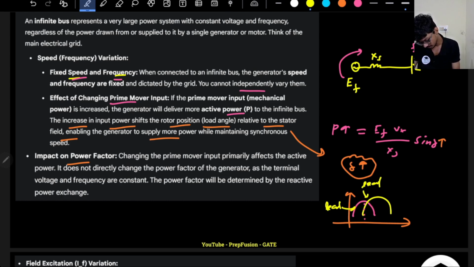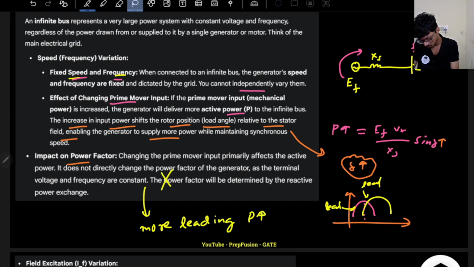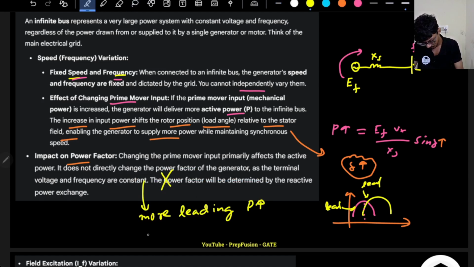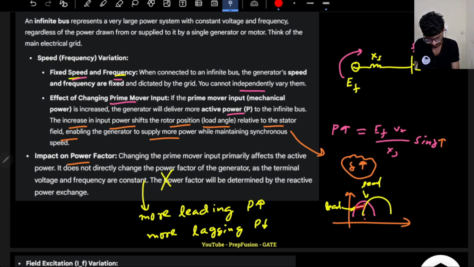No, actually this is wrong. If power is reduced, it will be more lagging.